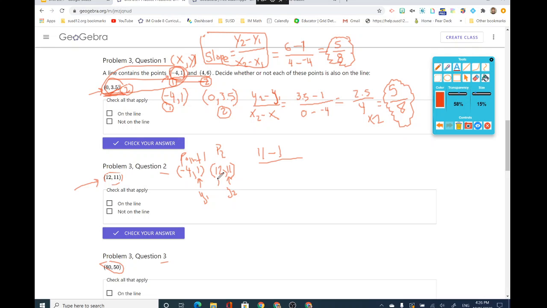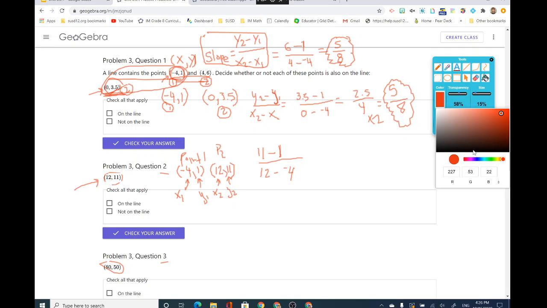Okay, great. Now X2 is 12. I'm going to label that so you're not confused. There's no way you can be confused. And you're doing this on your paper too. There's X2 and X1. So X2, 12 minus X1 is -4. Don't forget your negative signs. You'll get the wrong answer if you forget your negative signs. This always works as long as you keep your points organized. Point 2, point 1.